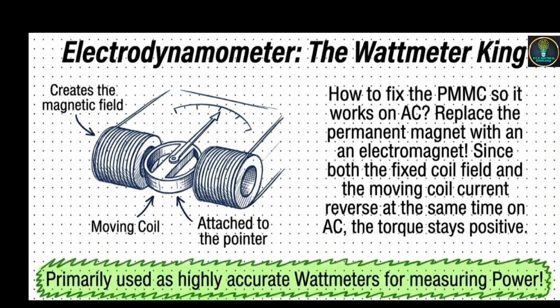Replace the permanent magnet with an electromagnet, since both the fixed coil field and the moving coil current reverse at the same time. On AC, the torque stays positive. Primary use as a highly accurate wattmeter for measuring power.